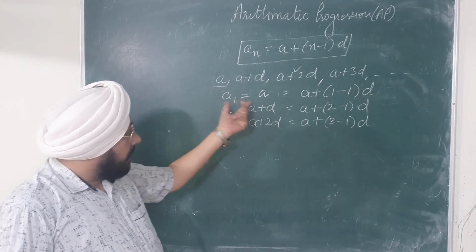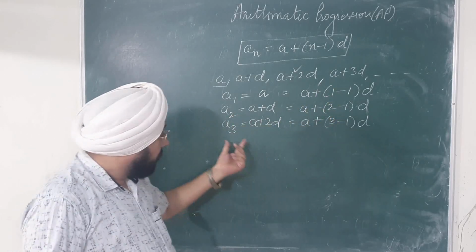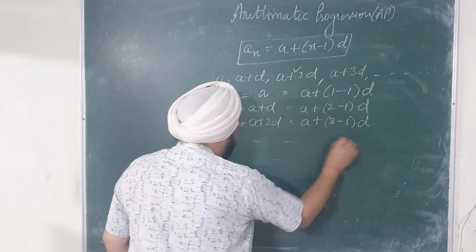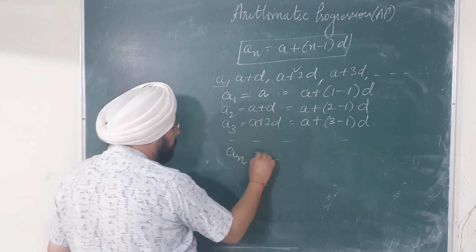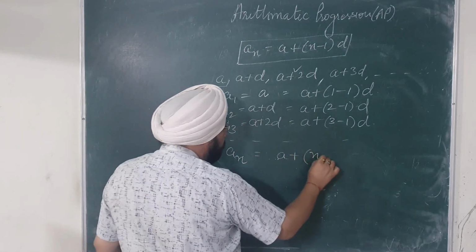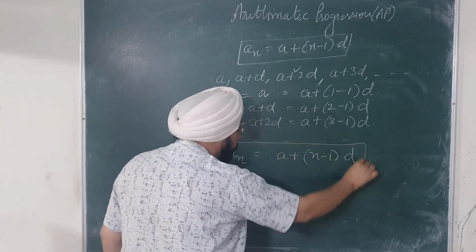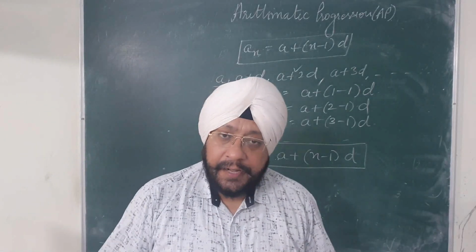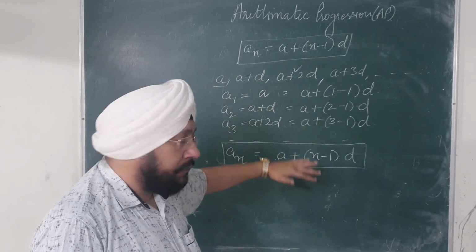If it is a1, we have written 1. If it is a2, then it is 2. If it is a3, this is equal to 3. And if I take n in place of these numbers, this becomes (n - 1)d, which is the expression for the nth term of an AP. Clear, students? So this is the derivation of how to find the nth term of the sequence.